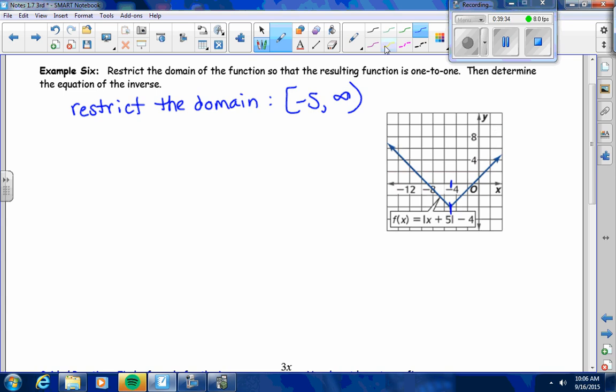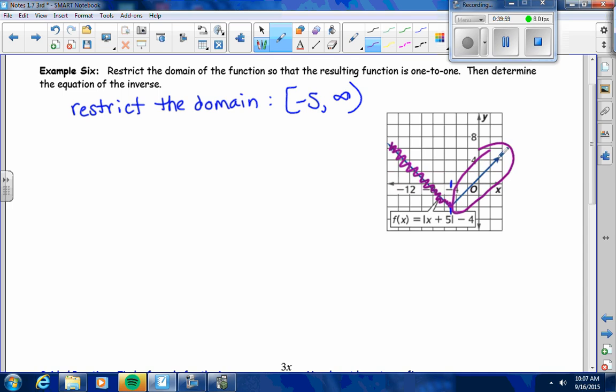then I'm only going to be looking at that portion of the absolute value graph. That portion, we're restricting from the domain so that this portion of the graph will have an inverse. Okay?